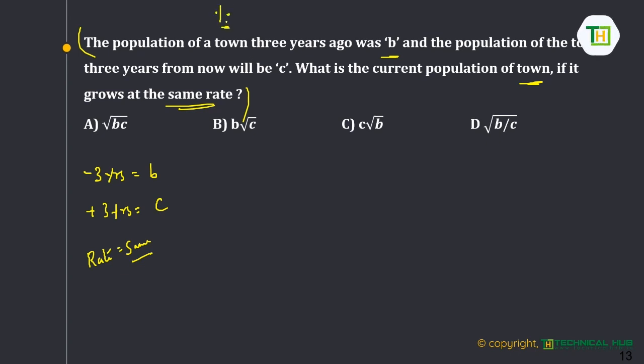In the percentage topic, we have one concept, that is the population model. In the population model, we have a small formula. What does the formula mean? Suppose the population of a town is X, and every year the rate of percentage increases by R. Then after 3 years, what is the population?